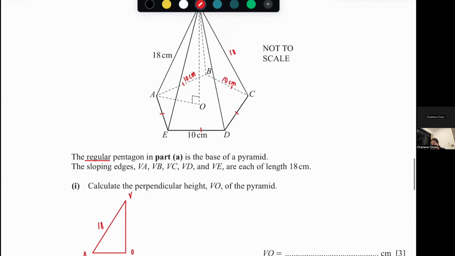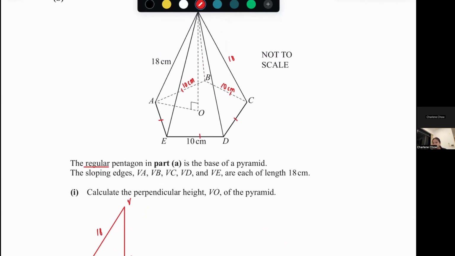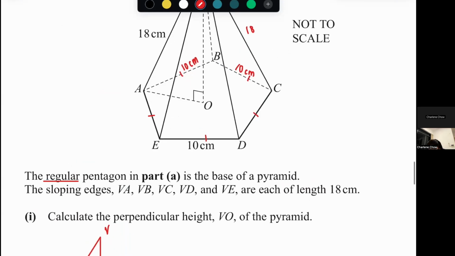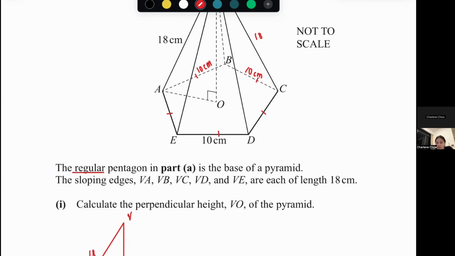Other than 18, can you identify any other lengths that we can note down in our 2D shape from the 3D? So AB, BC, they're all 10 centimeters. AB is not in our diagram, but AO is. If that's 10 centimeters and BC is also 10 centimeters, any ideas how we can get AO?